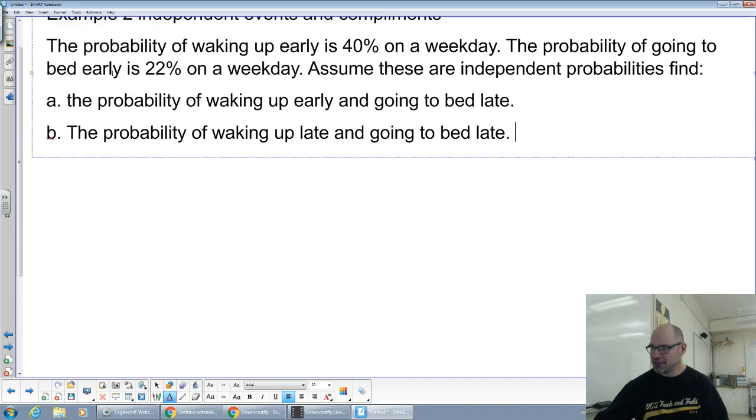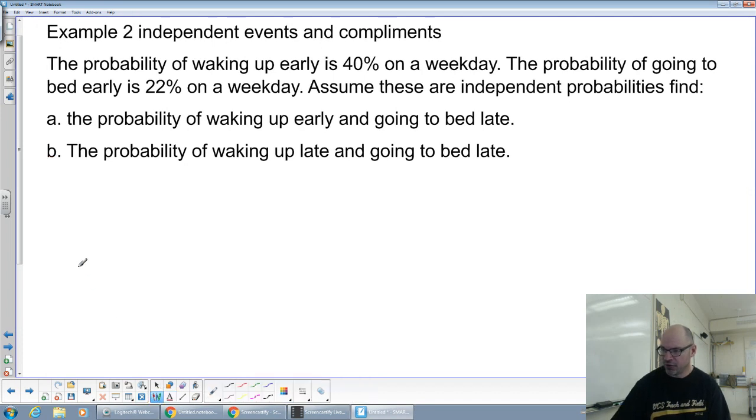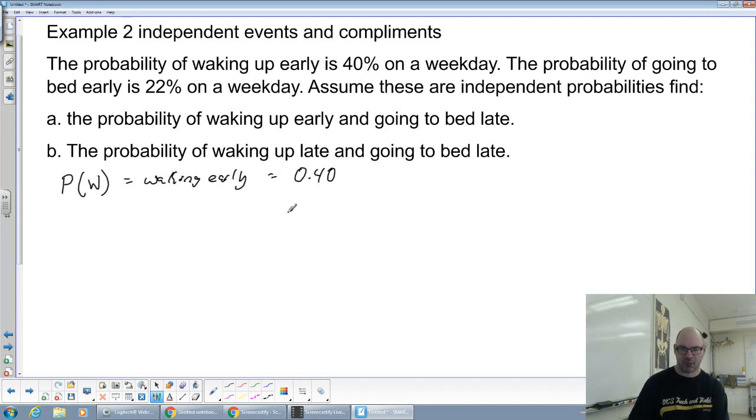So first step that you always do is you should define your variables and also denote them. Now, when we're talking about complementary events, we use that prime symbol. So if I'm going to say probability of waking up early, that's going to be 0.40, 40%. I'm going to write them as decimals.